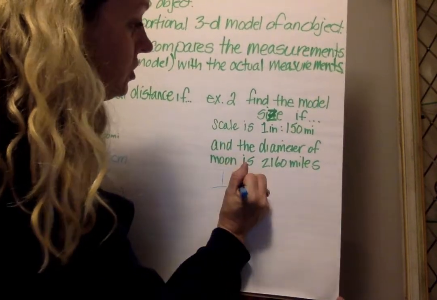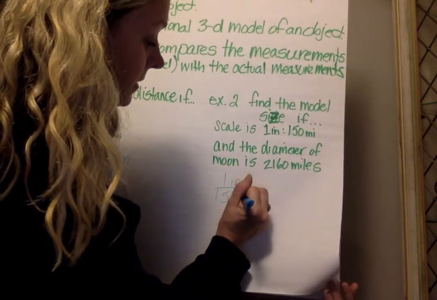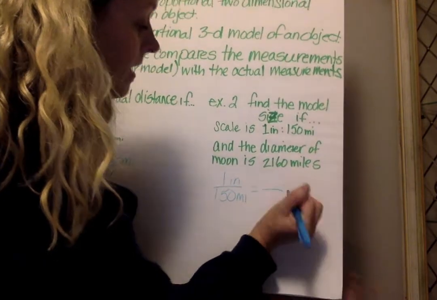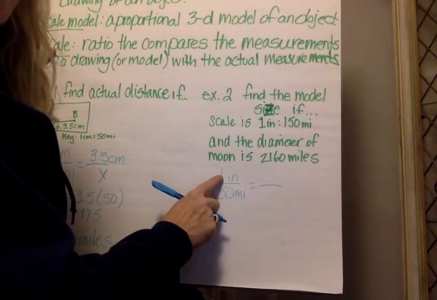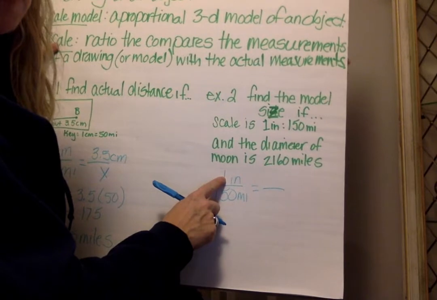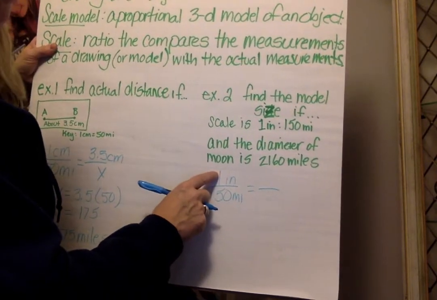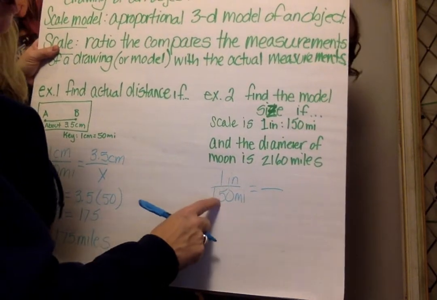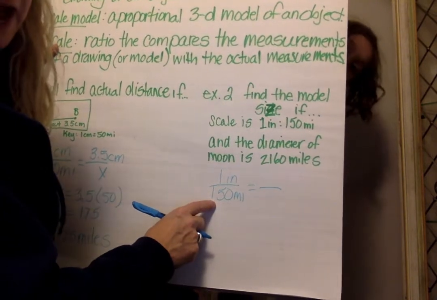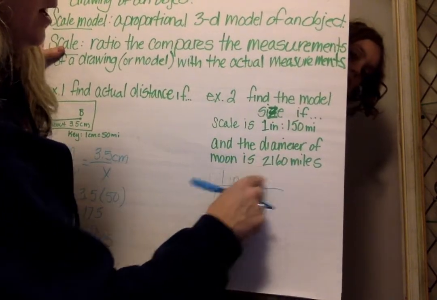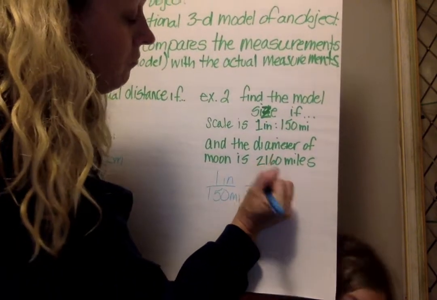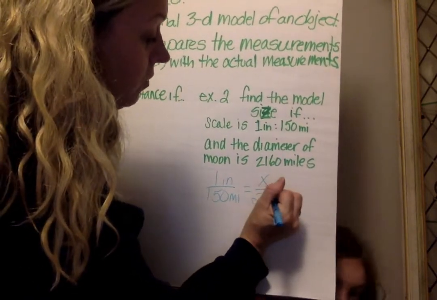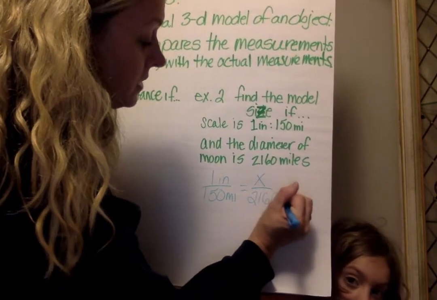That 1 inch is equal to 150 miles. And then in the numerator is my scale, or the smaller version, or the model drawing. And then on the bottom is my actual. And then according to this, I'm looking for the model, but I do know that it's 2,160 miles.